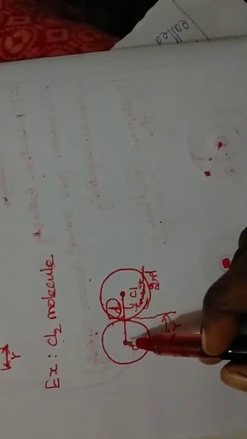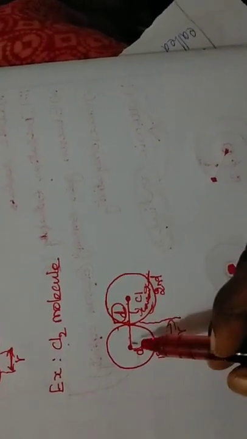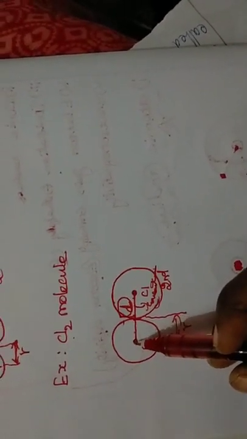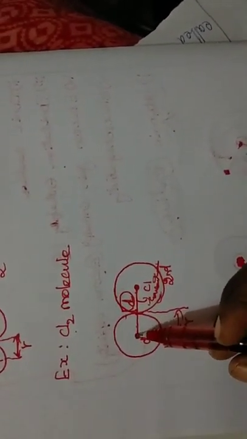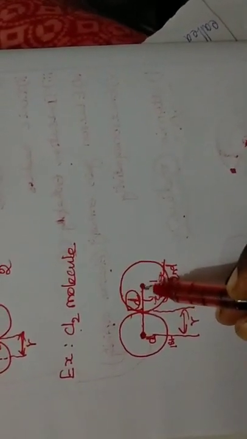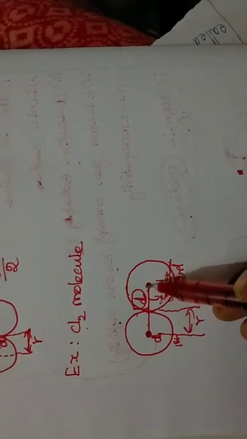How to measure the distance between these two chlorine atoms? It is measured from the center of the first chlorine nucleus to the center of the second chlorine nucleus. So this is d.